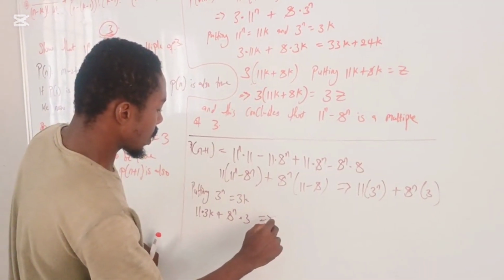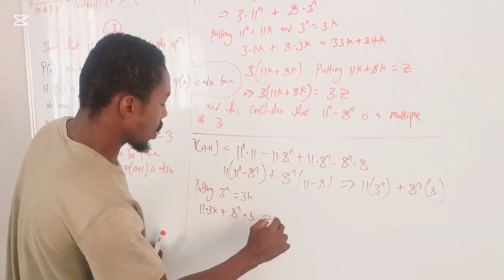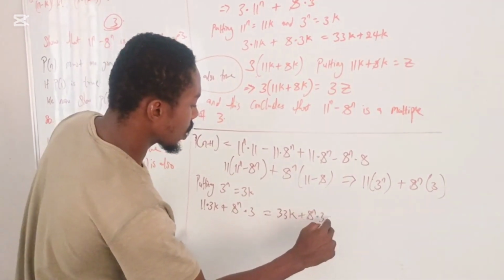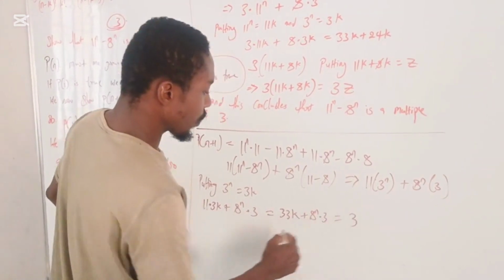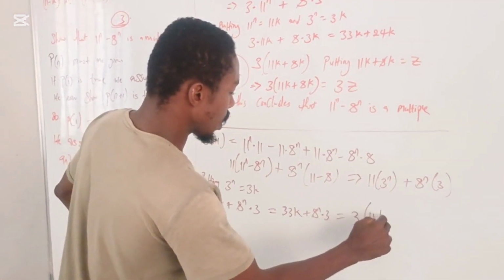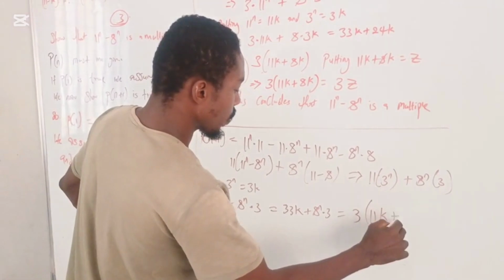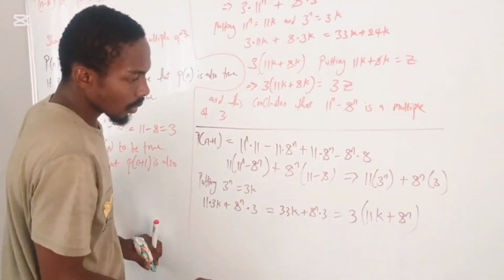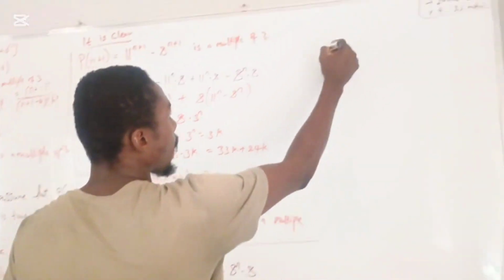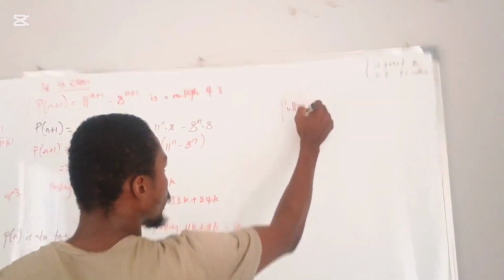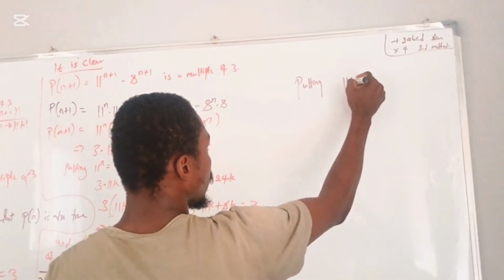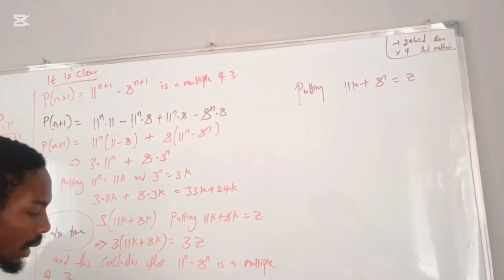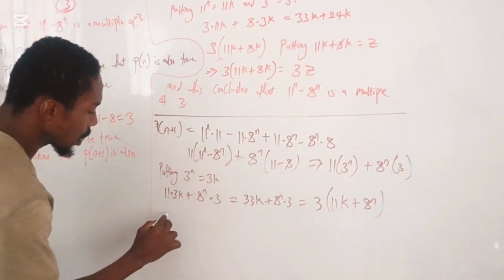This equals 33k plus 8 raised to the power n times 3, and factoring 3 out, 3 times (11k plus 8 raised to the power n). Now, putting 11k plus 8 raised to the power n to be equal to z. Okay, it stopped here in the textbook.